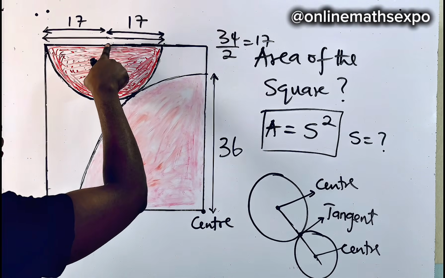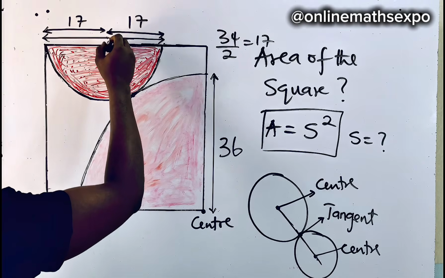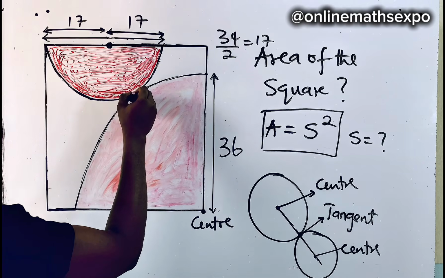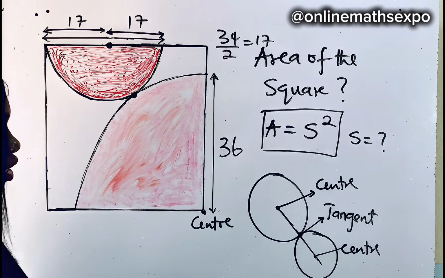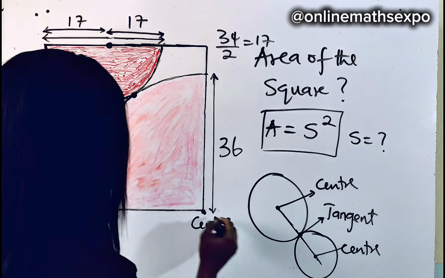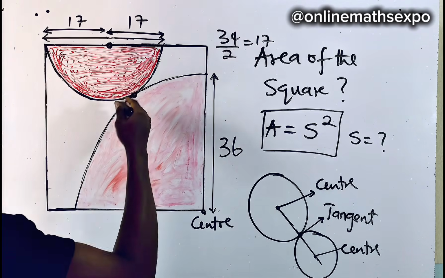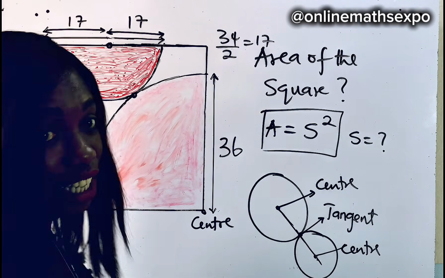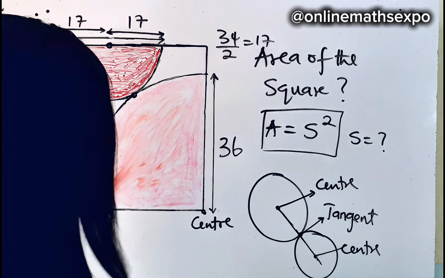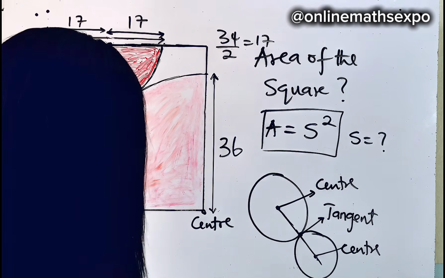Now, this is the center of the circle. So if this is the center, this is the point of tangency, and this is also the center of the quarter circle, then if you obey this theorem, these 3 points are collinear. They are going to form a straight line. Let's join this and see if it helps us in finding the length of the side of the square.